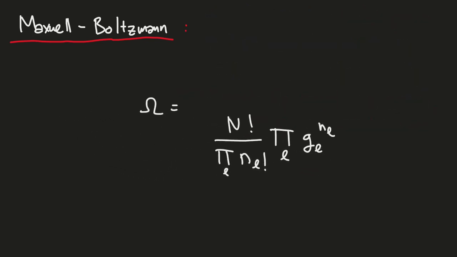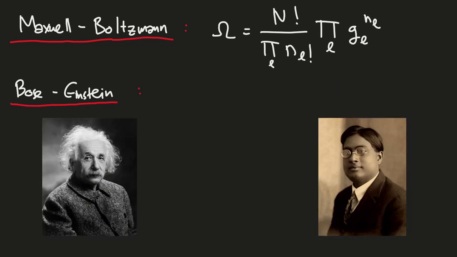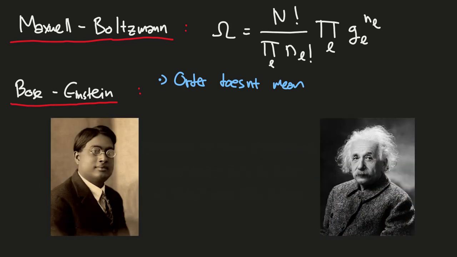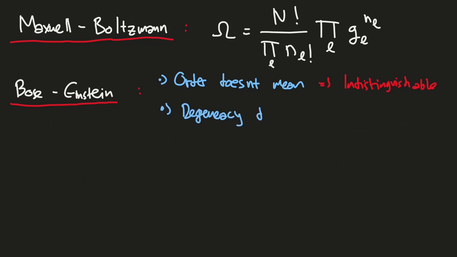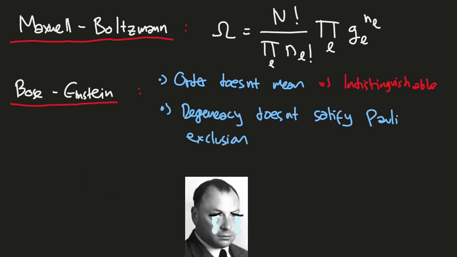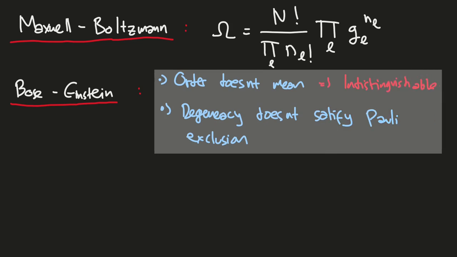The second one is Bose-Einstein. This distribution has these properties. First, order doesn't have any meaning, or we don't care about order, because this distribution relates to quantum particles that are indistinguishable if they have the same state. And second, degeneracy doesn't satisfy Pauli exclusion. By these two properties, we need a combination for each state i.